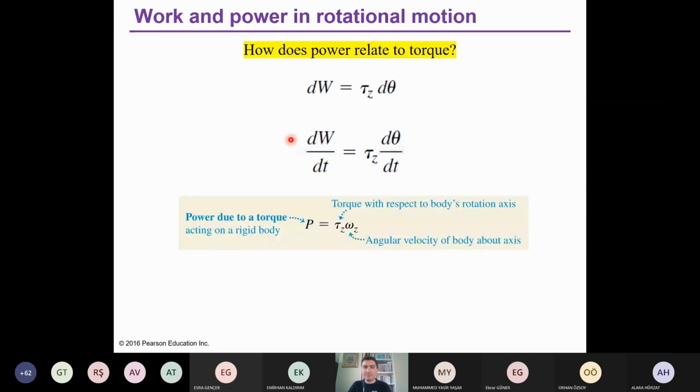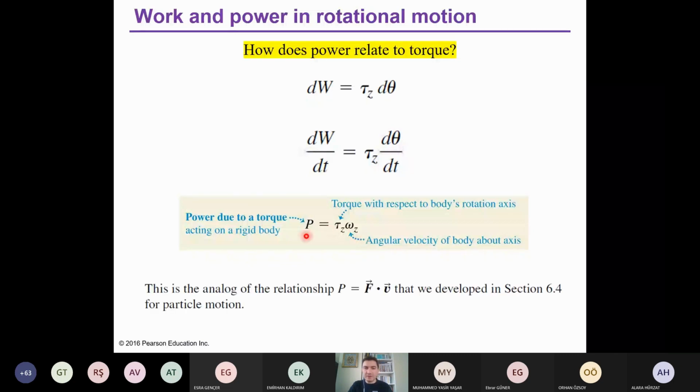And what is this? Time rate of work. This is power, okay? So we have learned this one in the previous lectures. So on the left side, we have power due to a torque acting on a rigid body. And here we have a torque, and here we have the angular velocity of the body about a certain rotation axis. This is the power due to the torque: torque times angular speed.